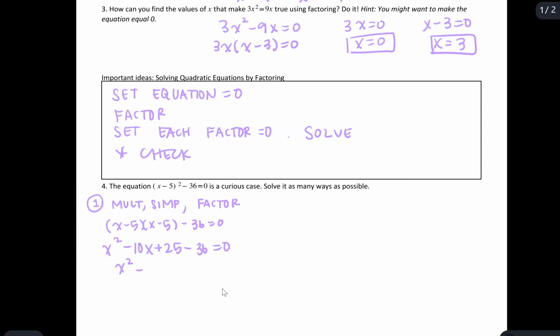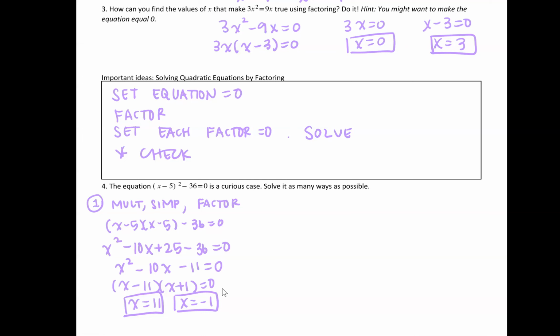So then that'll be x squared - 10x, minus 11, not plus. Factor now, so we'll have (x - 11)(x + 1). So x will be 11 and x will be -1. Those will be my solutions.